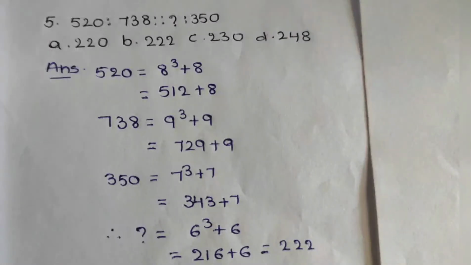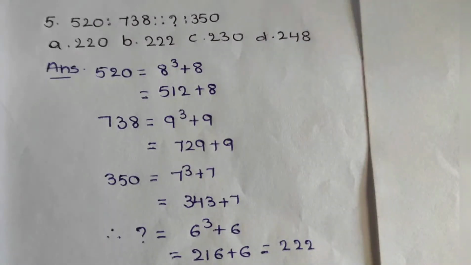So here the first set is 520 is to 738. So 520 can be written as 8 cube plus 8. So previously I have told you that whenever we are solving these types of questions, we have to definitely use squares and cubes. So in the second question we used the x square minus 1 and x cube plus 1 method. So here we are using the x cube plus x method.